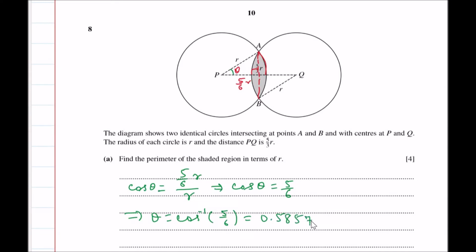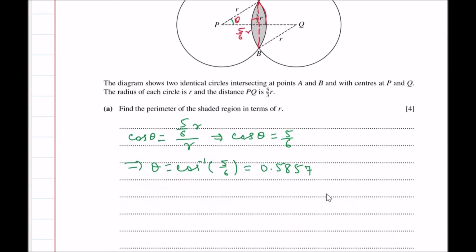Theta we have now. So we need to find the arc length. If you find the perimeter, that means 4 times the arc length for this particular sector, right? So perimeter P is 4 times r theta. Here r stays r because the value is not given, and theta we have 0.5857.